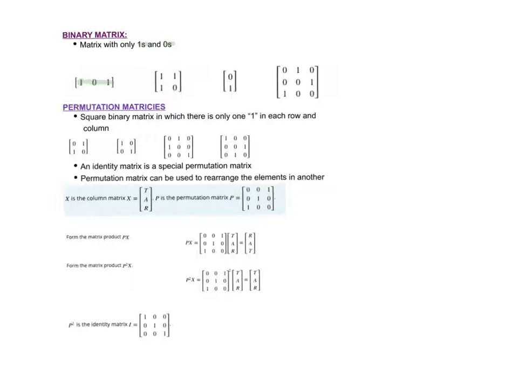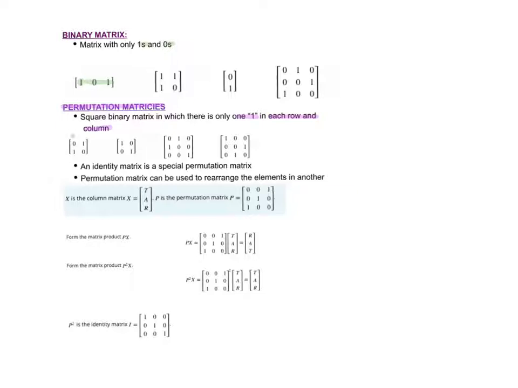Now a permutation matrix is a binary matrix. So it does have only 1s and 0s, but it's a particular one where it only has 1 in each row and column. So can you have a look here?